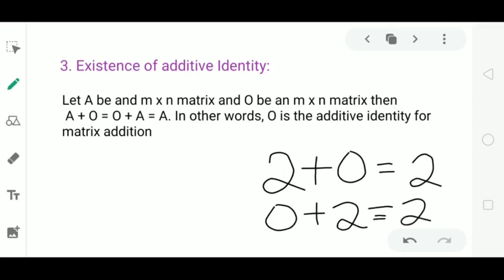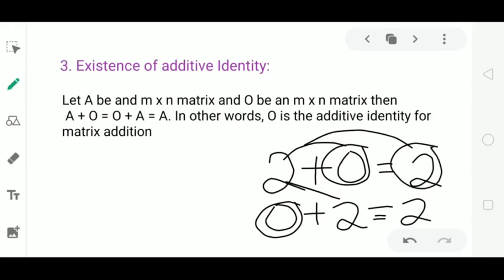That is, on adding 0 to any number, it results in the number itself. Then we conclude that 0 is the additive identity of addition of numbers.